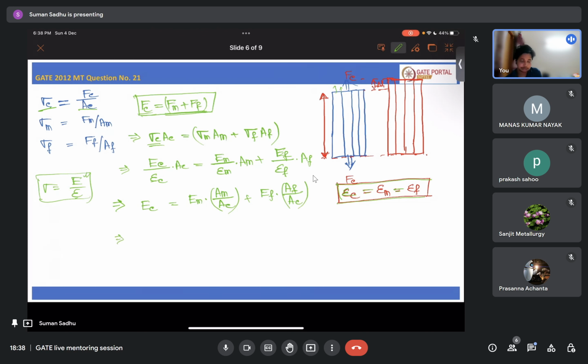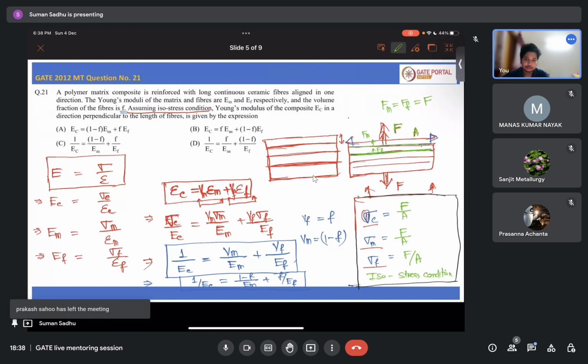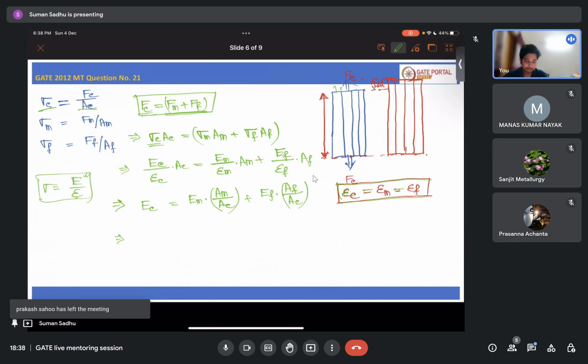Now next, how can we write this one? This expression is not anywhere in your options, right? So you have to write it in terms of the volume fraction of the fiber and the volume fraction of the matrix. So what will it be?